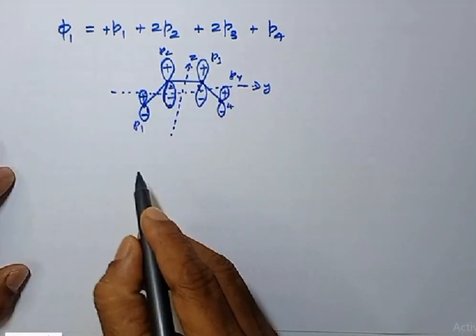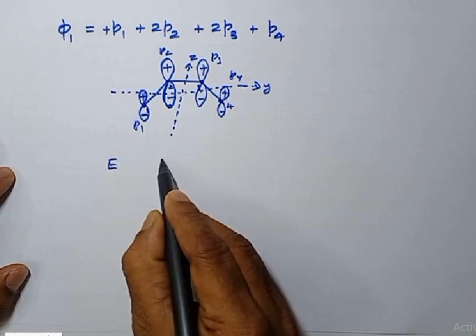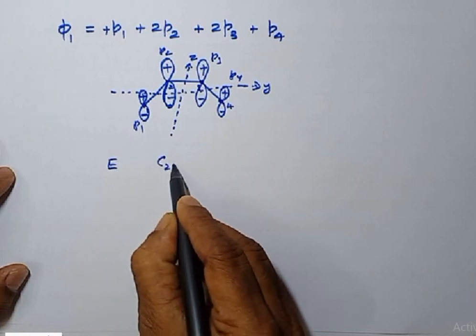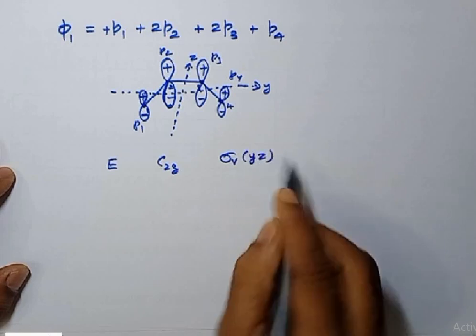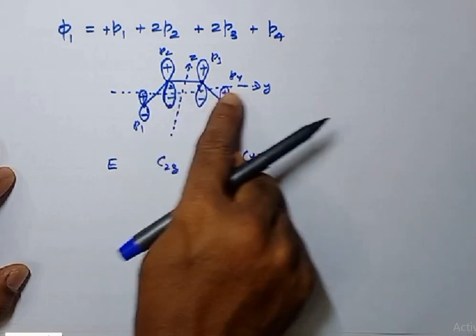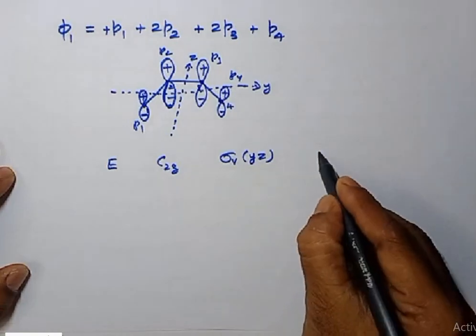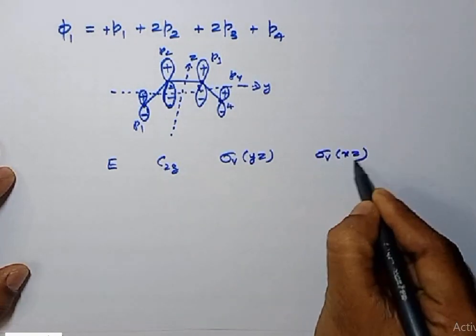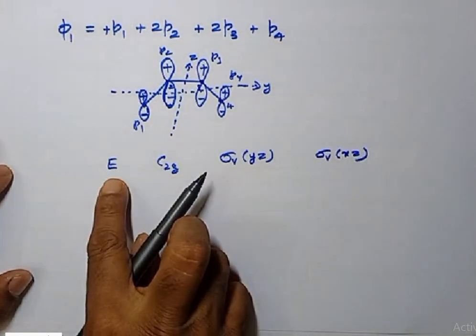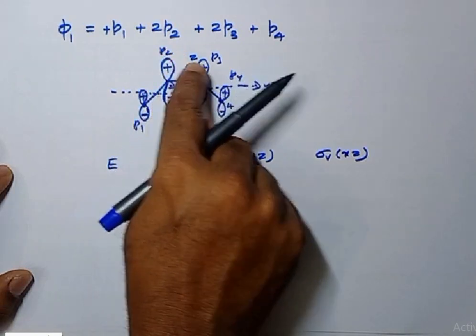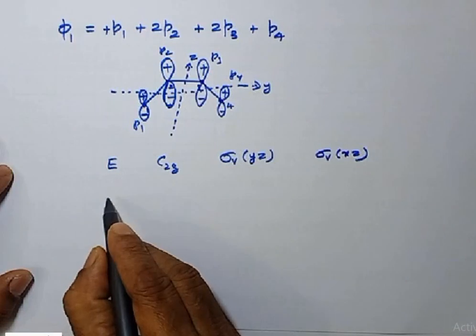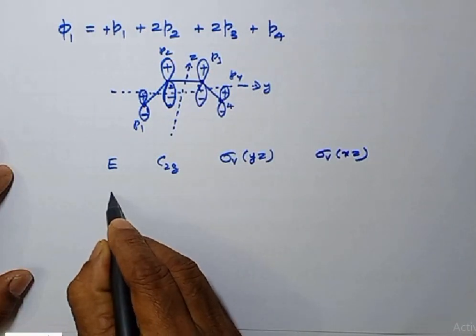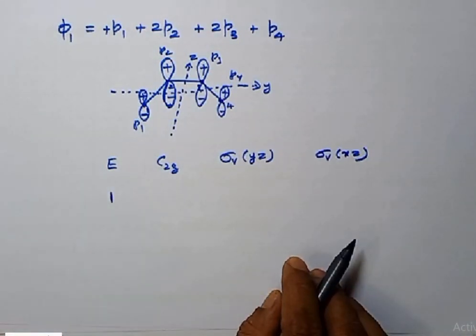Now we'll carry out the operations: E, C2z, sigma v, the molecular plane, here the yz plane, and sigma v xz is the other plane. When you do the identity operation, all the lobes and all the signs remain as such, so I'll put 1. If the sign changes, I'll put -1.